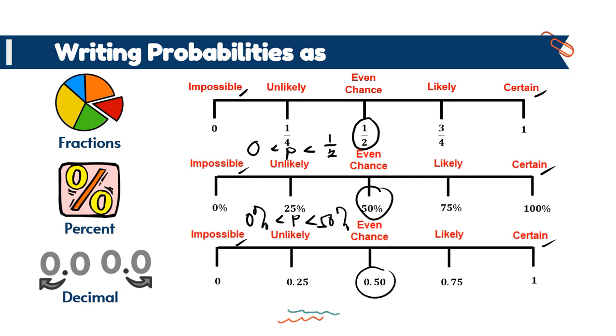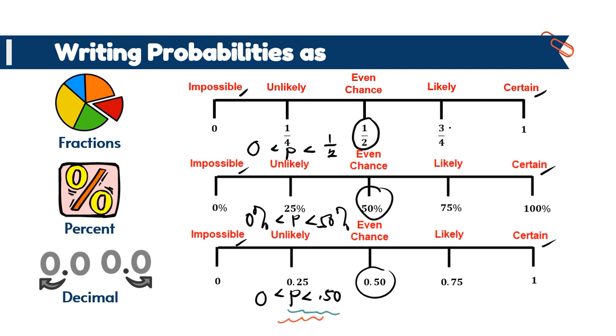Okay? It should be less than 50% and greater than 0%. As for decimal, what you get should be less than 0.5 or 0.50 but still greater than 0. And last, we have likely to happen.